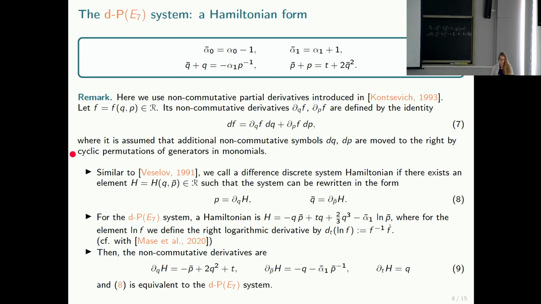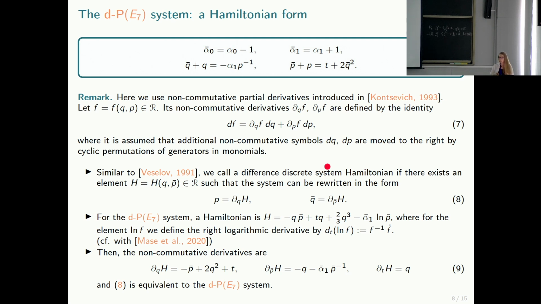Let f be our element from R, and the non-commutative derivatives dq of f and dp of f can be defined by this identity, where it's assumed that the additional non-commutative symbols dq and dp are moved to the right by cyclic permutations. So by taking this extended derivation, we are working with elements up to a commutator.